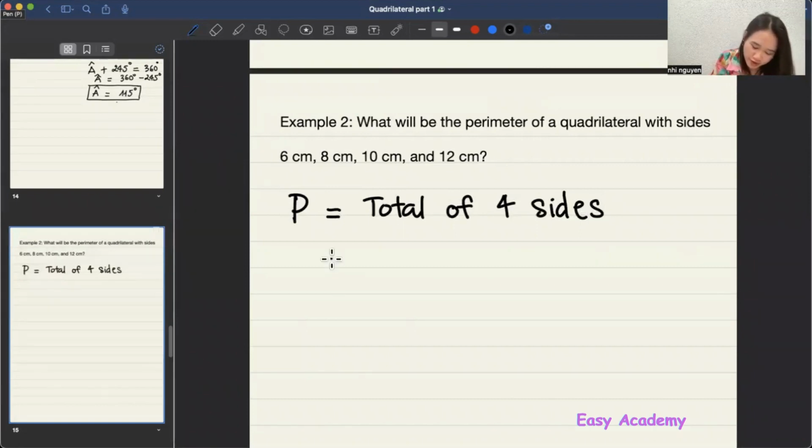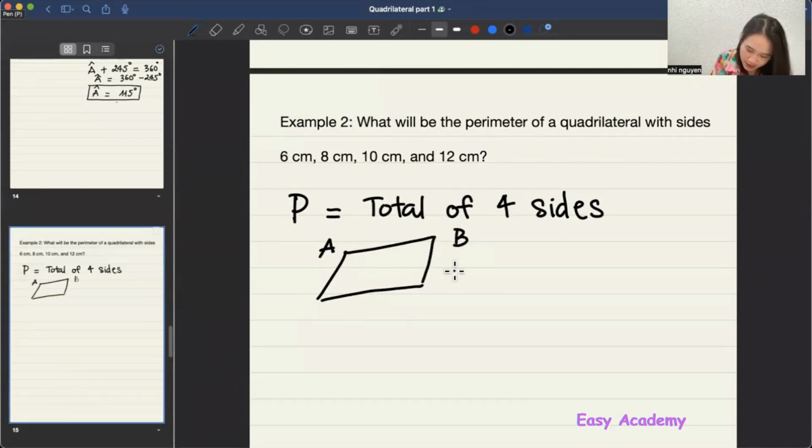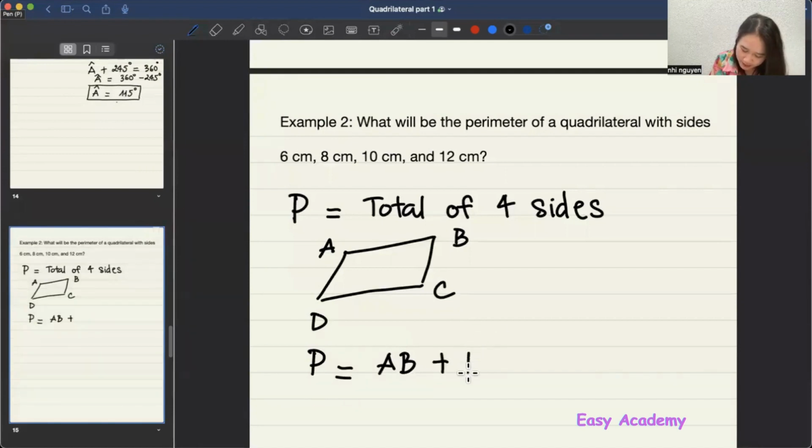If we're given a quadrilateral ABCD, the perimeter of this quadrilateral is going to be AB plus BC plus CD plus DA.